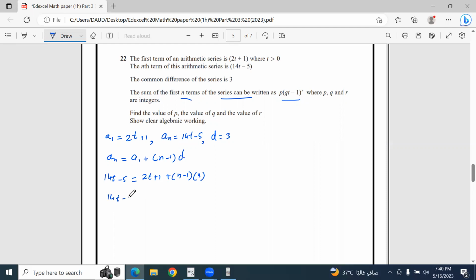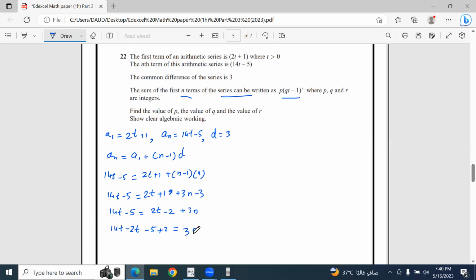Next, 14t minus 5 is equal to 2t plus 1 plus 3n minus 3. Take the 2t and the rest. You can do one more step, no problem. 14t minus 5 plus 1 minus 3 gives us minus 2 plus 3n, and then 14t minus 2t minus 5 plus 2 is equal to 3n.